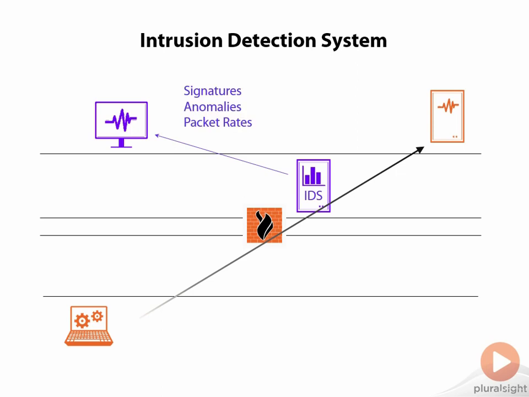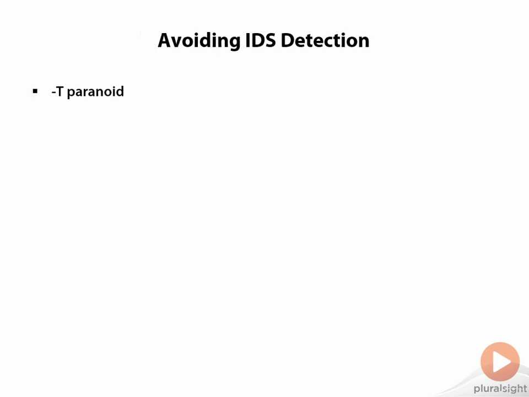An IDS can be configured to look for many signs of attack, including signatures, header anomalies, and packet rates. One way to avoid triggering an alert on an IDS due to an excessively high packet rate is to set a performance template sufficiently low to avoid detection. How low might need to be determined by testing using several expendable IP addresses.